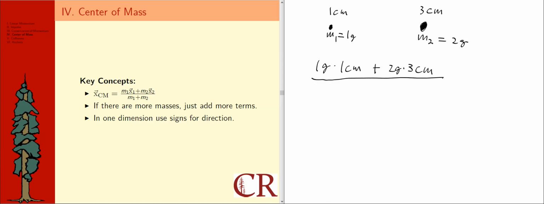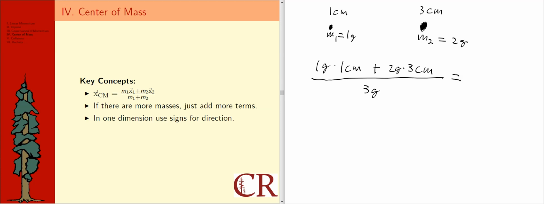If I were just doing a straight average, I would have done 1 centimeter plus 3 centimeters divided by 2 because I added 2 things. In this case, I'm going to divide by the total mass that was there: 1 gram of these, 2 grams of these, so a total of 3 grams. This is the way I would actually calculate the center of mass of this system.